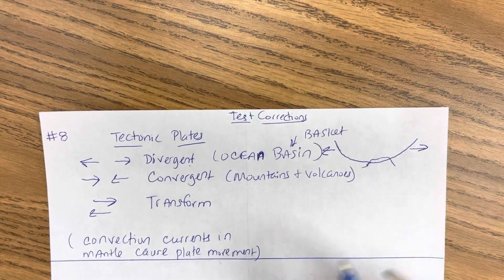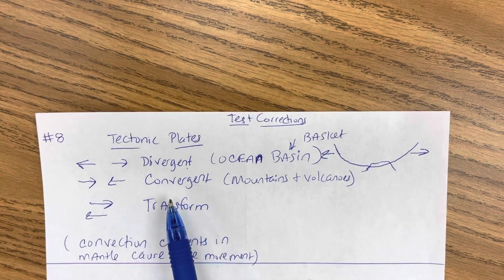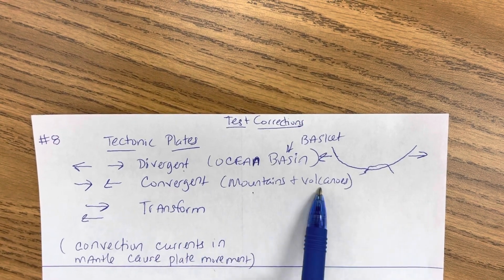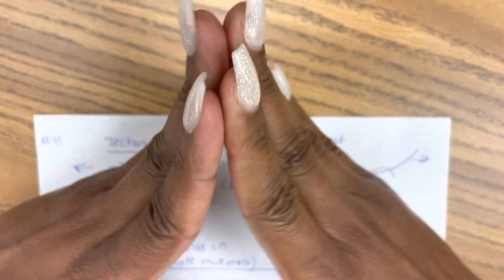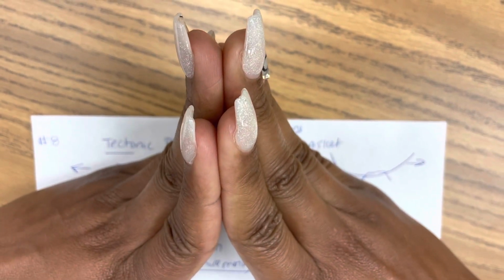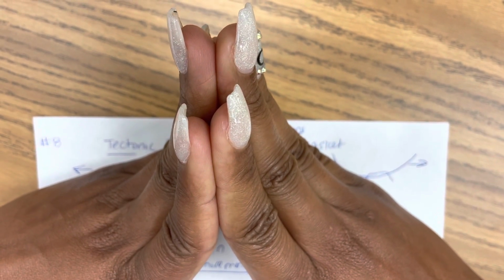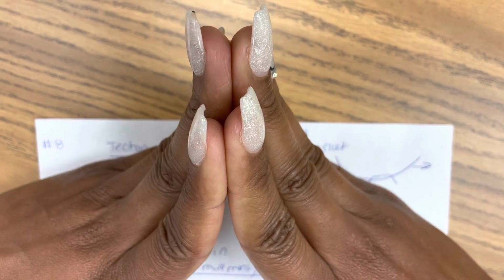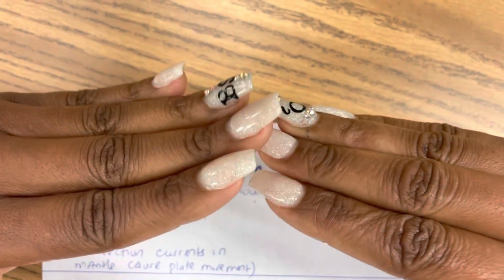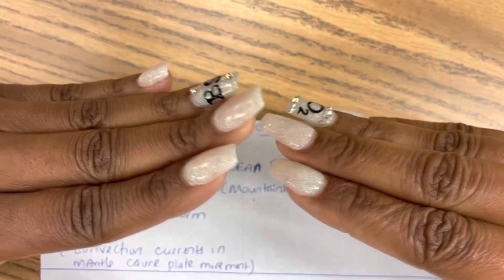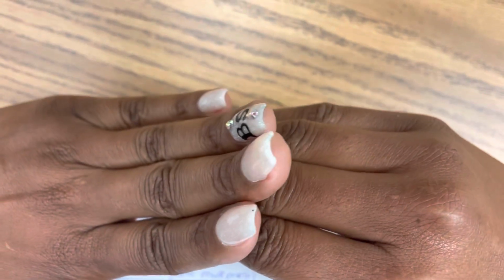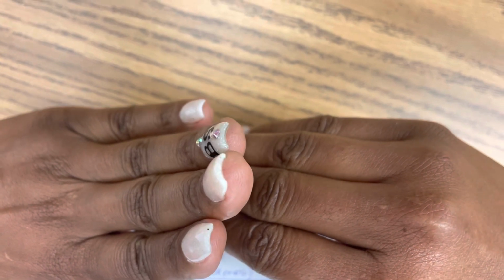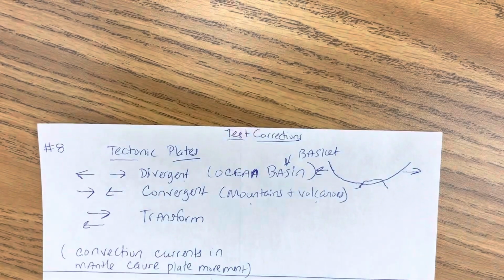So when students think convergent boundaries, we want them to think mountains and we want them to think volcanoes. Remember that at convergent boundaries the plates are coming together and you have the uplift that occurs, forming mountains. When plates come together and they don't uplift, but they subduct under one another, that is what actually forms those volcanic structures, okay?